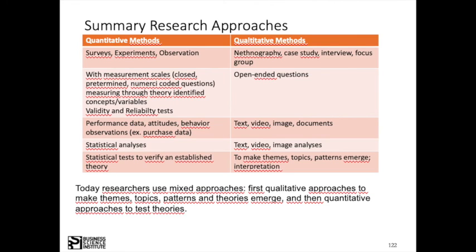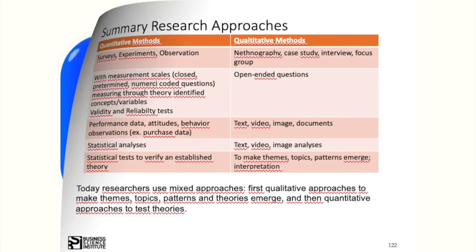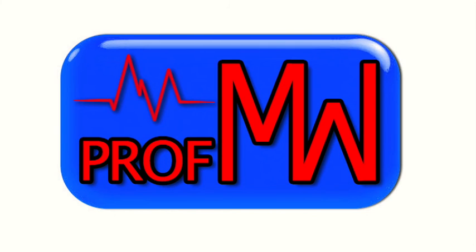Whereas for qualitative approaches, one lets themes, topics, patterns emerge in order to interpret the data. Today, researchers use both approaches, which is also called mixed approaches. First, they use mostly qualitative approaches to make themes, topics, patterns, and theories emerge. And then they use quantitative approaches to test the theories.